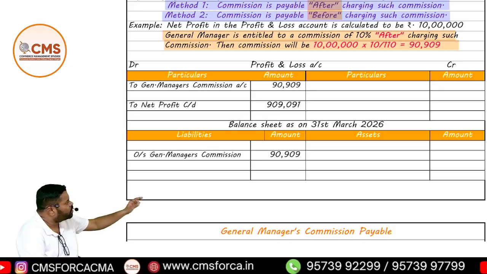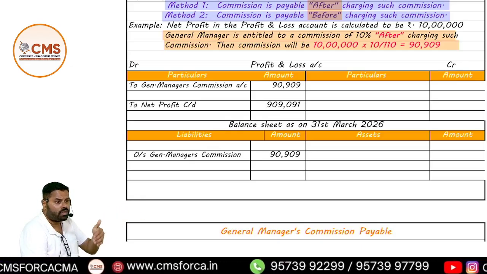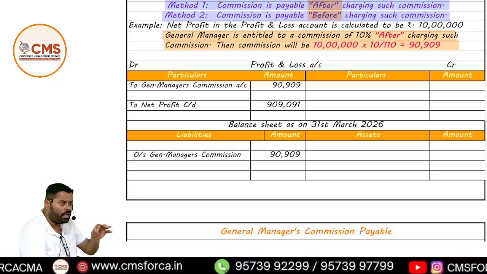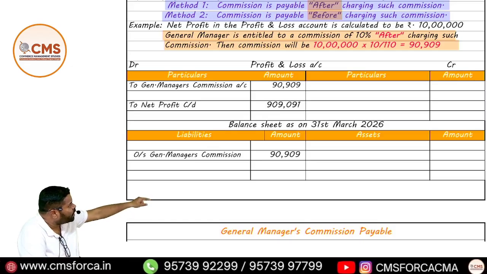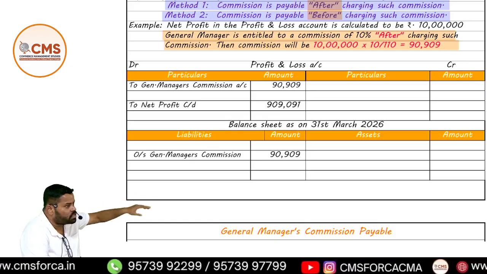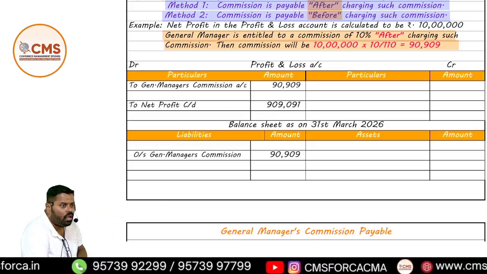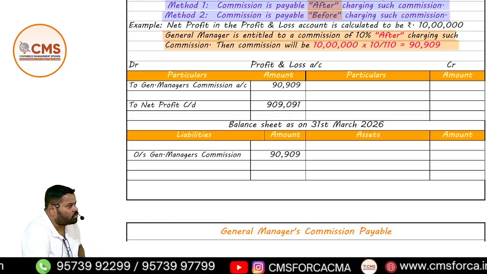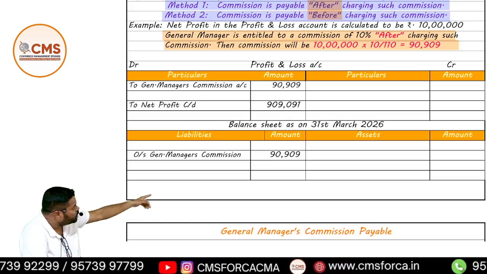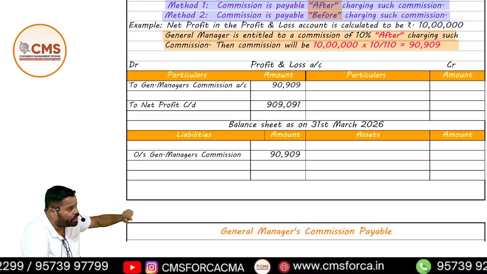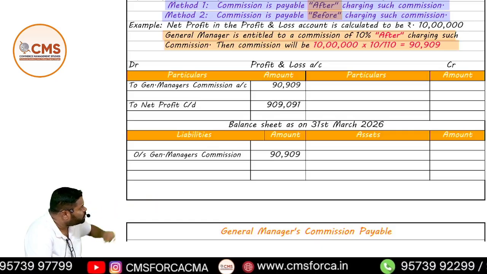But here strictly we are going with numbers, because you guys will say that, sir, calculations are not matching. That's why I wrote the literal number. So 90,909, where do I write it? To general manager's commission. Did you pay this amount? We calculated the amount just now. When will you pay it? So in the P&L account on the debit side, to general manager's commission 90,909, and what will be my balance net profit?